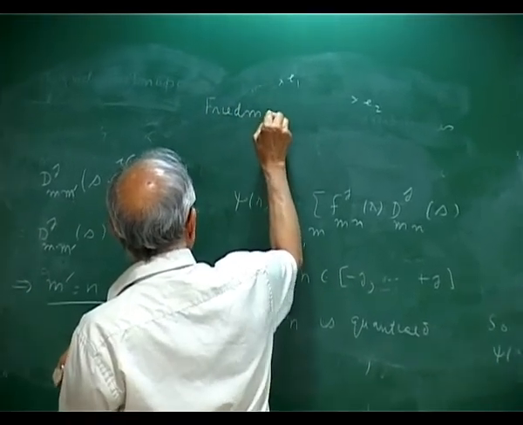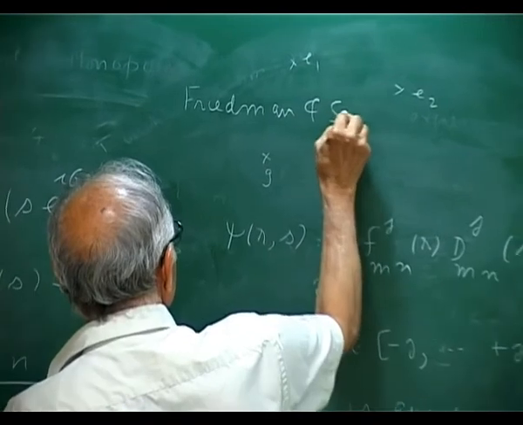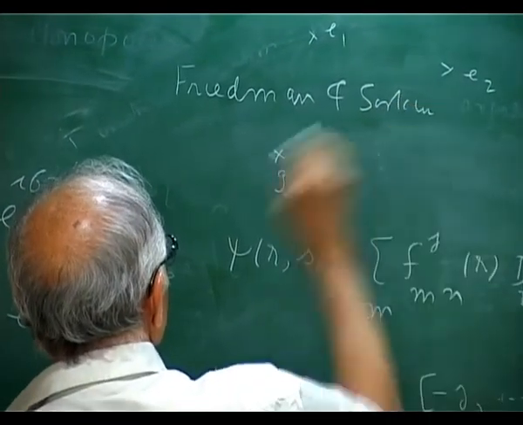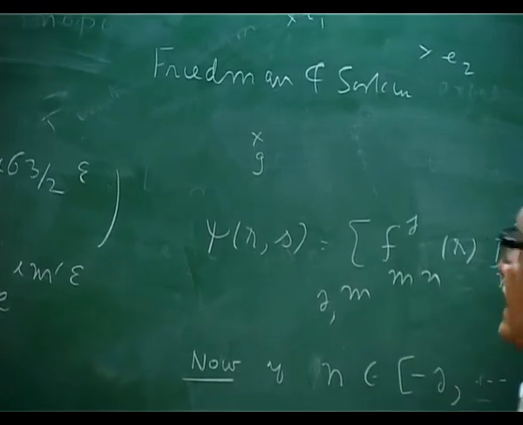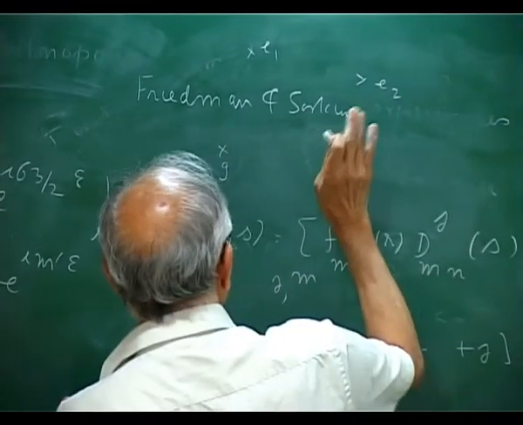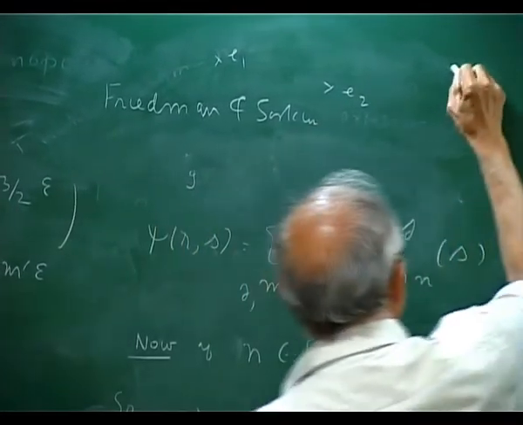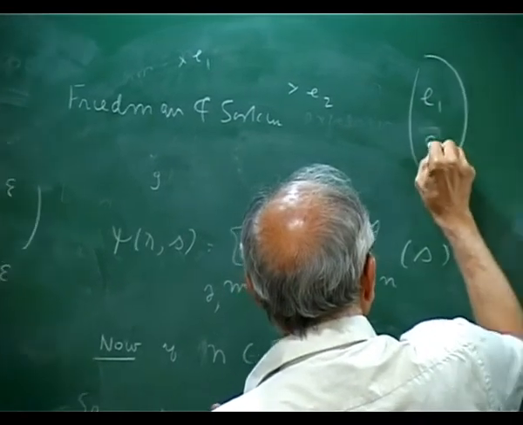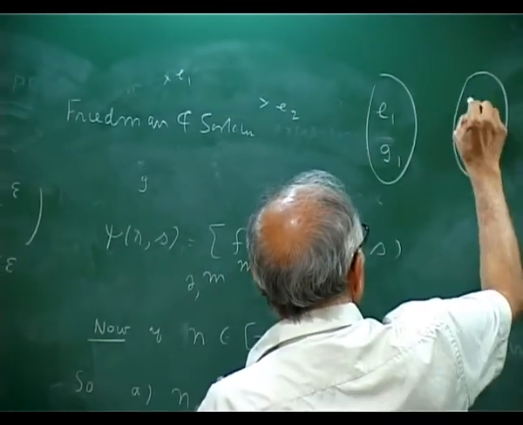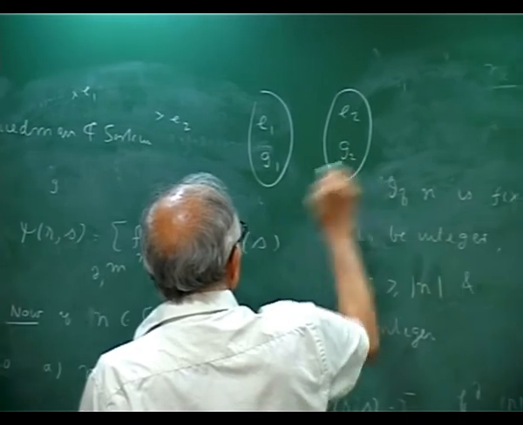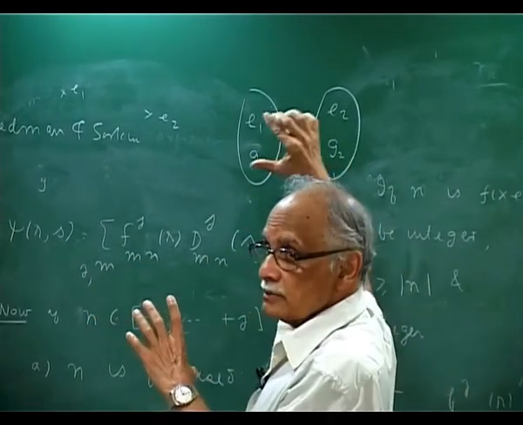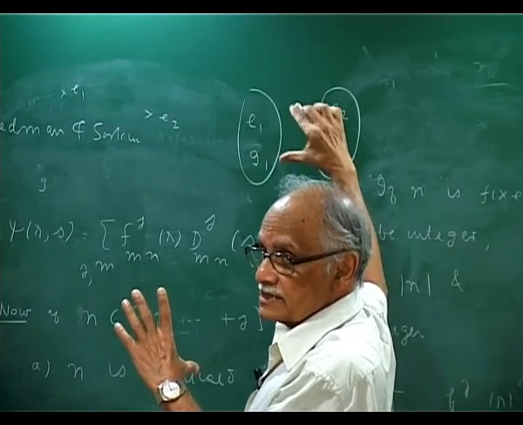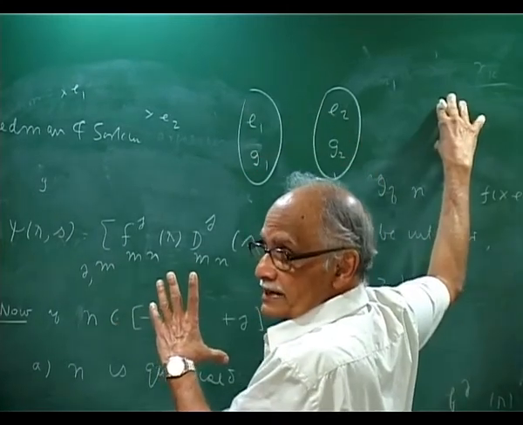They were involved in this kind of thing long ago, and they did treat n of these objects. What they did was something like this. They took E1 G1, E2 G2 and several of these. Each of the constituents is tensorial, but this is spin half, this is spin half, maybe some of them are spin integral and so on.